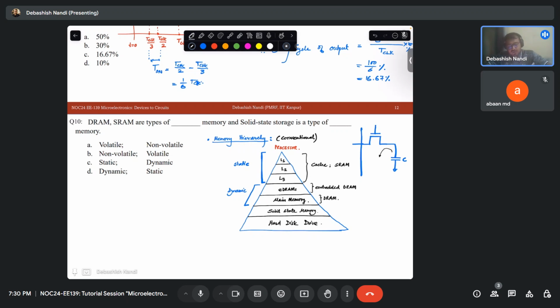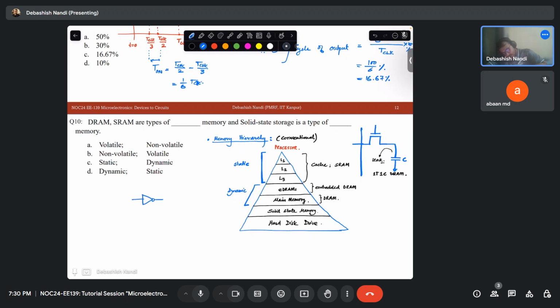The capacitance starts to leak, or the stored charge in the capacitance starts to discharge or leak. So that reduces the efficiency of the storage capability of the memory. So this is your 1T1C DRAM structure, okay? And how about SRAM?